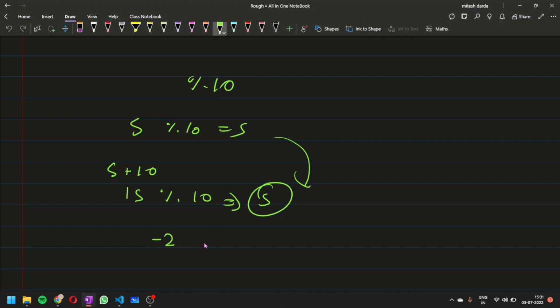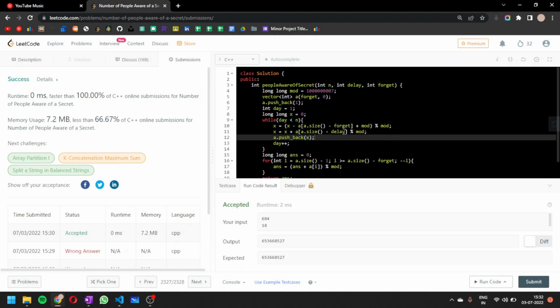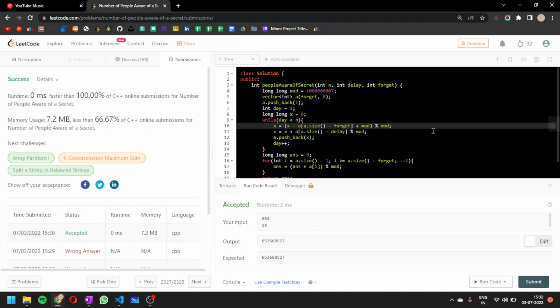If we try to take mod of it, it will give us some unexpected answer. Even though we are going to add some value 10 after some time, this -2 mod 10 is going to give us some other value, and we do not expect that value in our answer. That's why we are adding this plus mod.